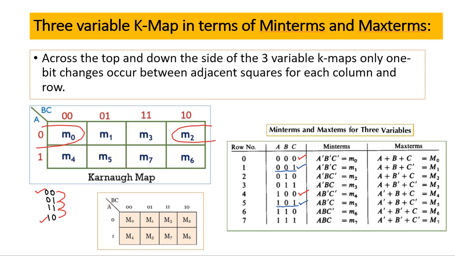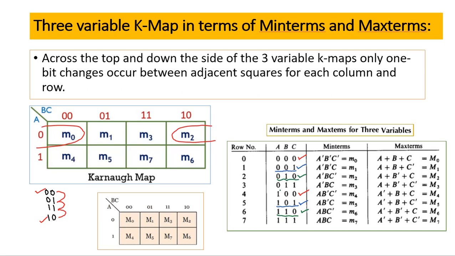Similarly, if I consider 010 corresponding to the minterm M2, and if I consider M6 corresponding to 110, then you can again observe that there is a change by 1 bit.